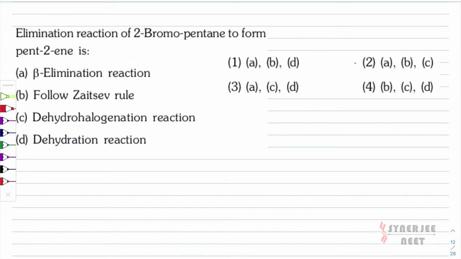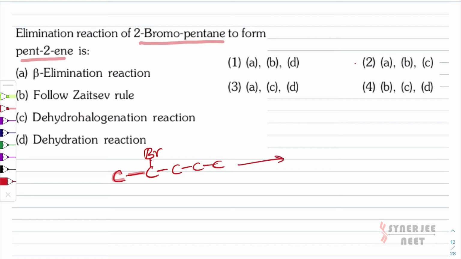In this question, elimination reaction of 2-bromopentane to form pentene. See, 2-bromopentane, the structure is like this: 1, 2, 3, 4, 5. 5 carbons I have taken for pentane, and second position bromine. Now when it is reacted with, suppose alcoholic KOH, then what happens?